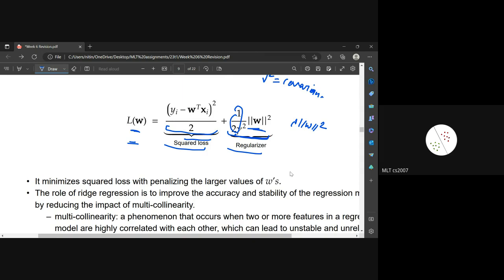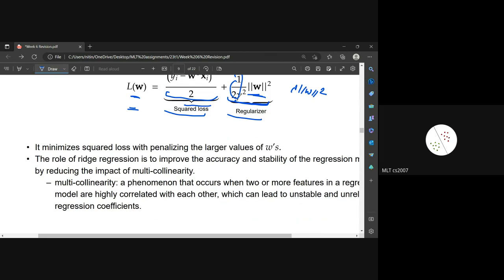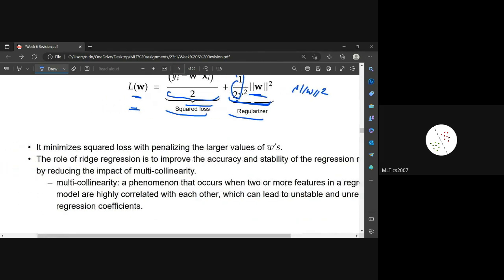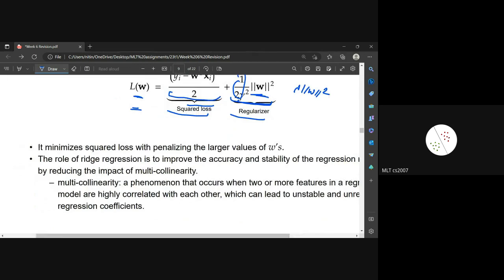Sir also gives one example, right? So this is what happens. In this manner, we try to stabilize our model. Stabilize means that your MSE is going to be less in this case, and it also reduces multicollinearity. What is multicollinearity? Have you come across this term before?